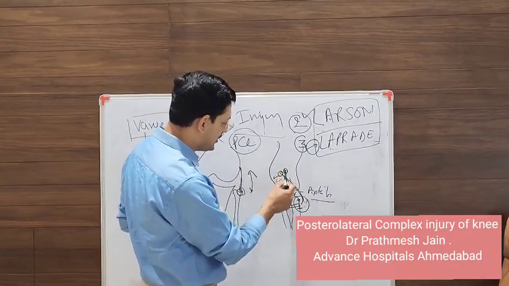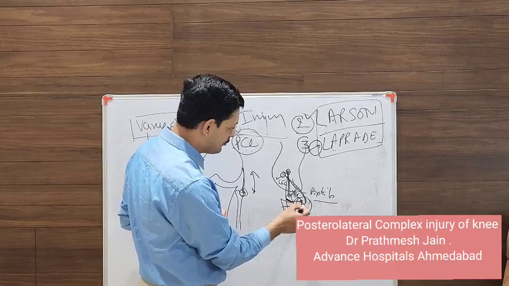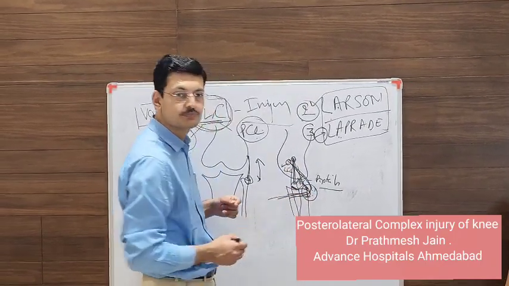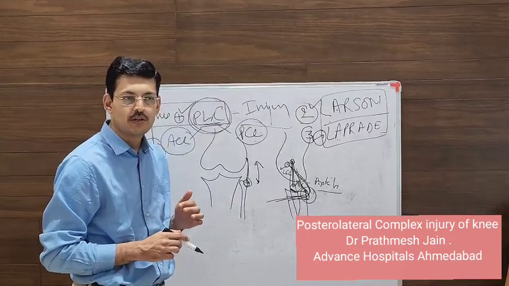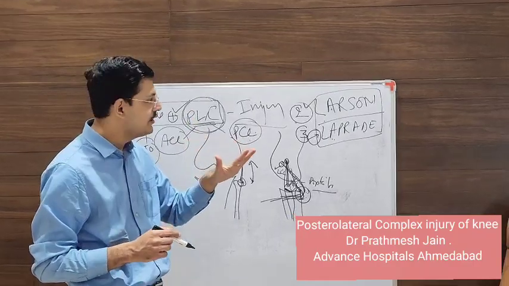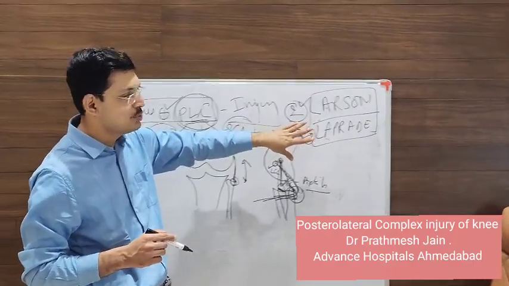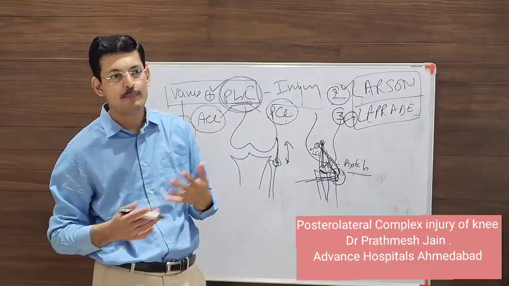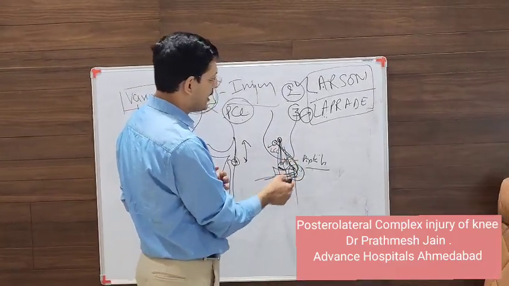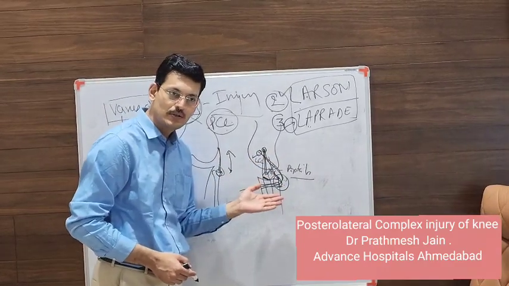The first graft will go from here, then from here, and the second graft will go from here and like this. So it is two grafts. You need two long grafts. So usually LaPrade is done in those centers which have plenty of allografts available, and they will reconstruct all three anatomical limbs of the structure.